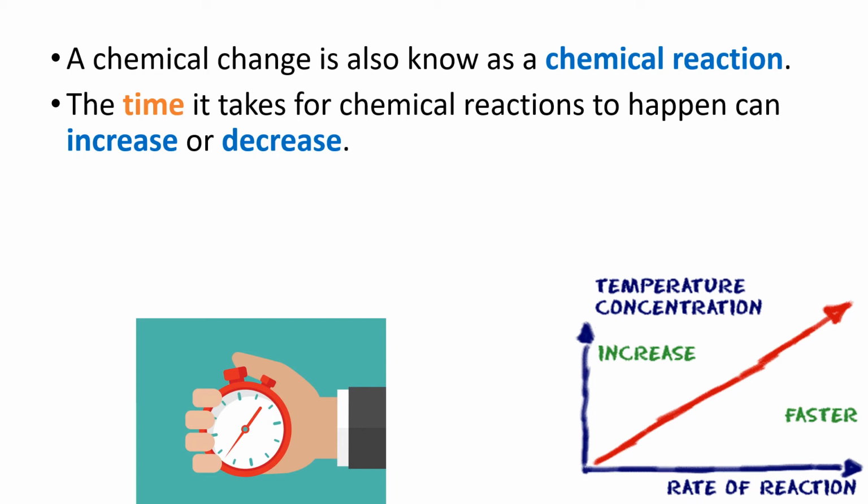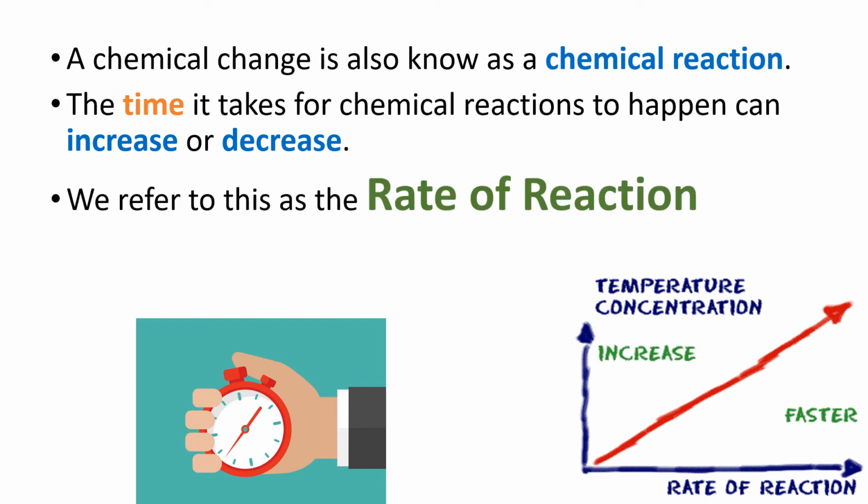That can happen quickly or it can happen slowly. And there are different ways to increase or decrease that speed. That speed at which the reaction happens, the speed at which the egg cooks, the speed at which the match burns, is referred to as the rate of reaction. That phrase is an extremely important one for this topic. Rate of reaction: the time it takes for a chemical reaction to complete.